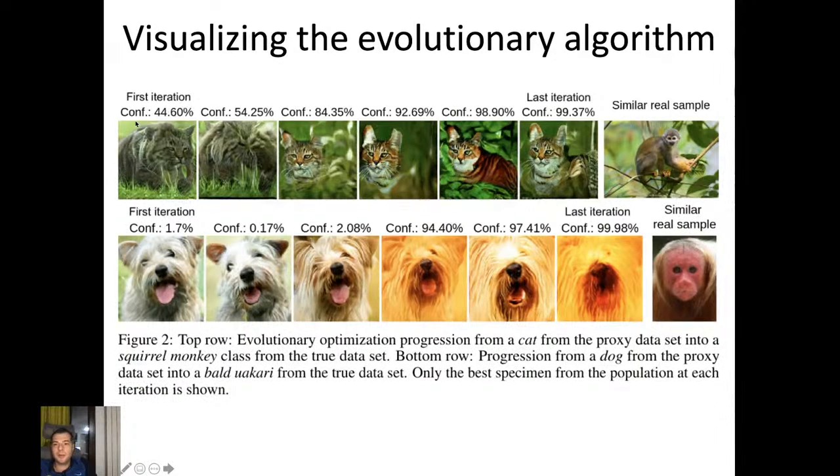Here we have an image of a cat that is optimized through evolutionary search towards an image with high confidence as a squirrel monkey. This is an image from the original data set that is the most similar one to the generated image.